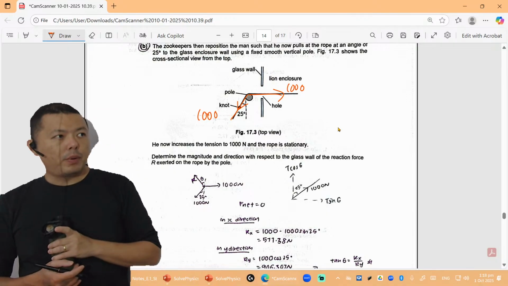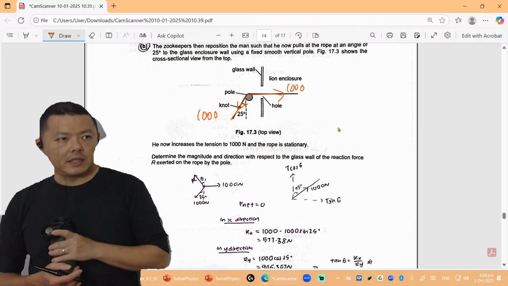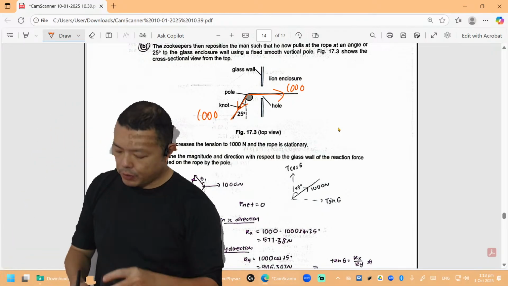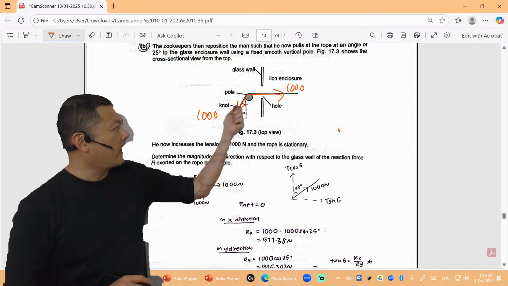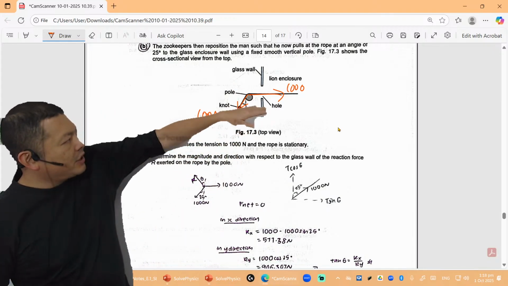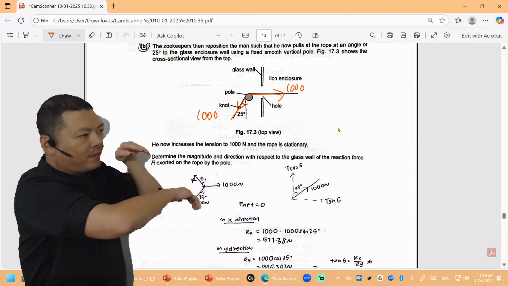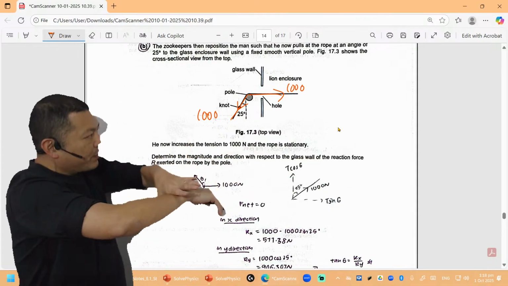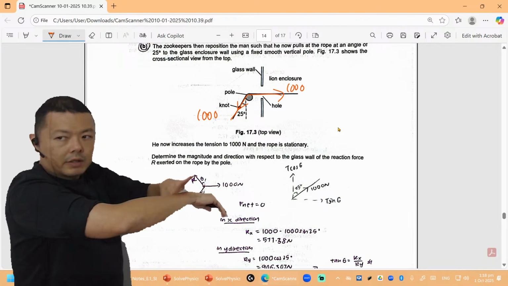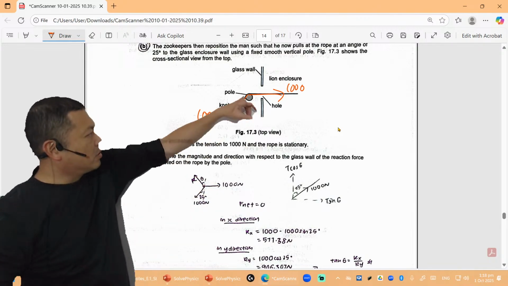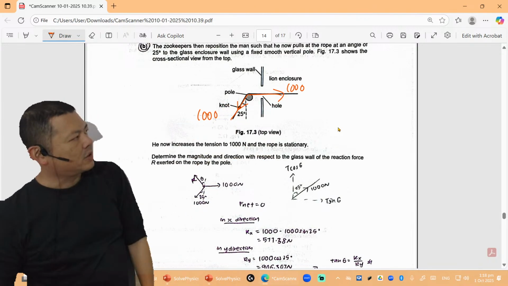So your pole is now the intersection, the point where the forces meet. Imagine your arm is there and the rope is over your arm like that. You will feel some force pulling by the lion, and then you'll feel some force being pulled by the zookeeper. You know what I mean? So basically it's facing these two ways.